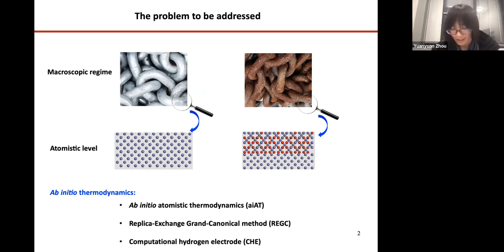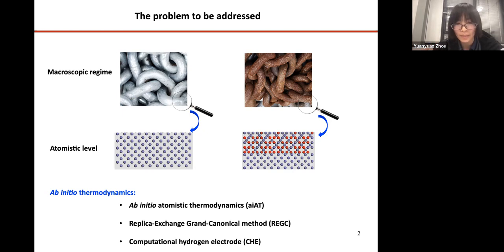I also prepared several slides, because I saw the title of Professor Hoyt's talk was catalytic scaling, so I thought I also need to give some tutorial on ab initio atomic thermodynamics. Now I think I can just briefly introduce it and go on to the main part, the Replica-Exchange Grand-Canonical Method.